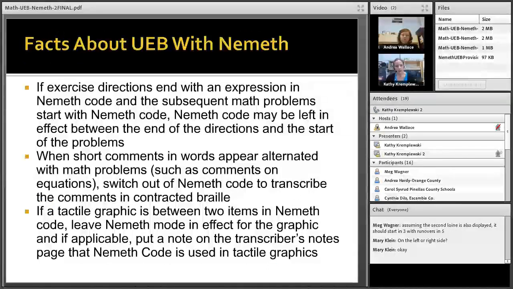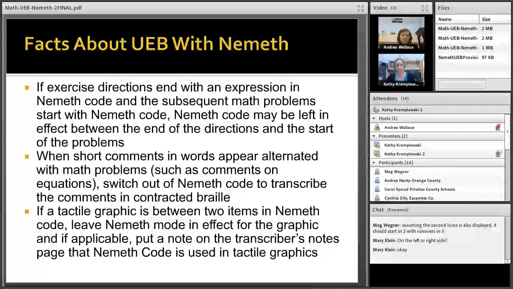Okay, so if exercise directions end with an expression in Nemeth Code, and the subsequent math problems start with Nemeth Code, the Nemeth Code may be left in effect between the end of the directions and the start of the problems. When short comments and words appear alternated with math problems, such as comments on equations, you're going to switch out of Nemeth Code to transcribe the comments in contracted Braille.